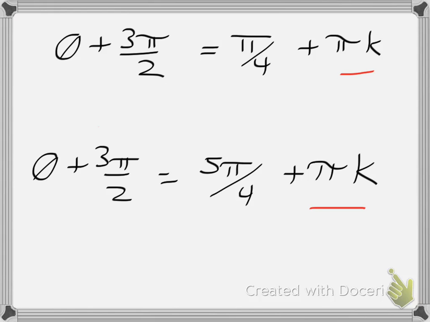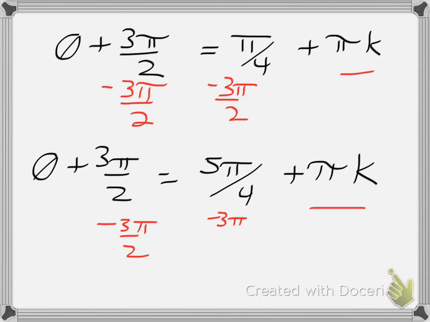So in each case, I'll subtract 3 pi over 2 from each side. Now, because I'm subtracting, I want a common denominator. Since my common denominator will be 4, I'll multiply each by 2, and I'll actually be subtracting 6 pi over 4 from each of these values.